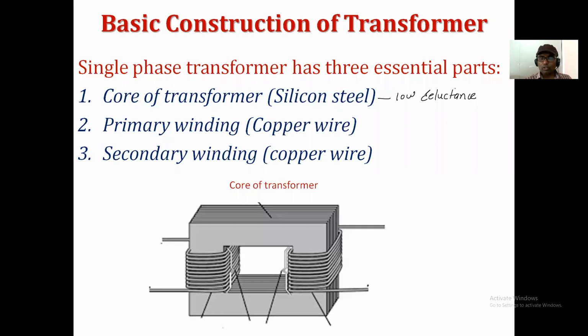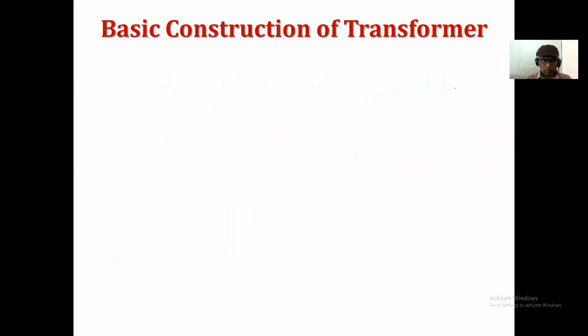That winding we call the primary winding, because it will receive the energy from that circuit. And the winding which will deliver the energy, we call the secondary winding. So these are the three essential parts of the transformer.